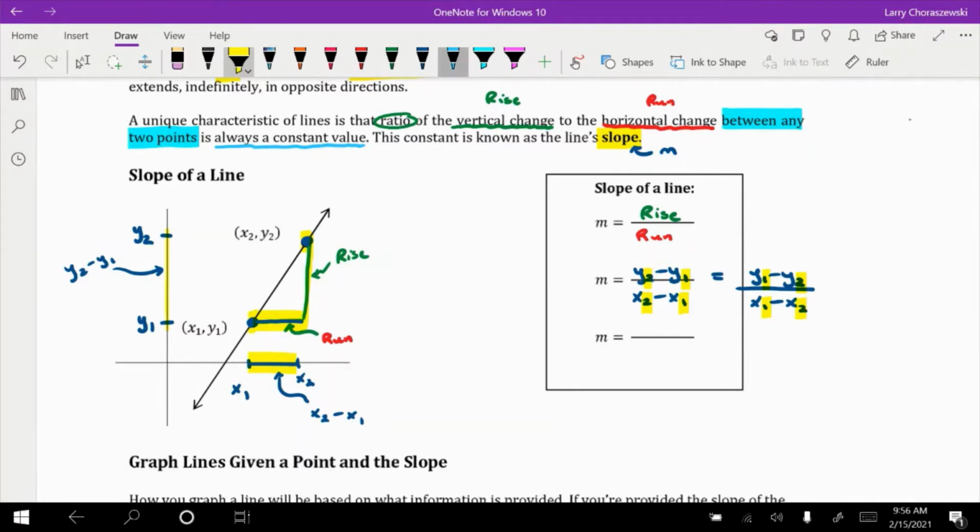The last version of slope is helpful for application problems. Have any of you folks seen this type of notation before? The triangle in front of a variable? Maybe if you've taken chemistry or physics or anything like that. Exactly, yep.